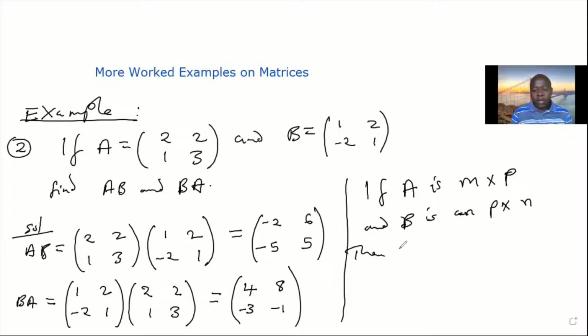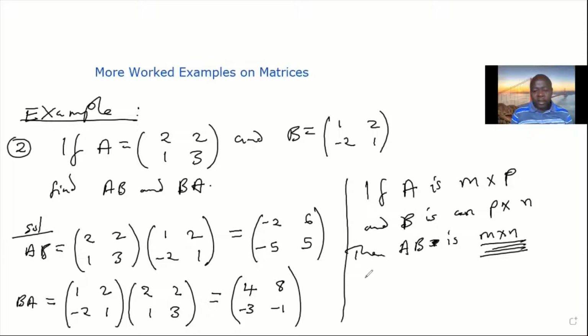So what will be the order of AB? The order of AB would be an M by N matrix. So I take the rows of A, the one on the left, and the columns of the one on the right. And so this gives me the order of the new matrix.